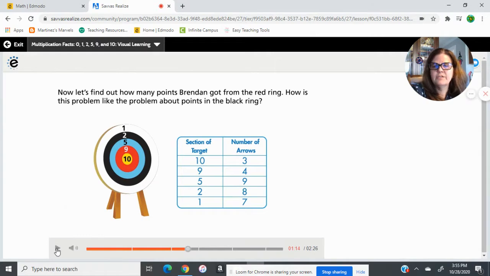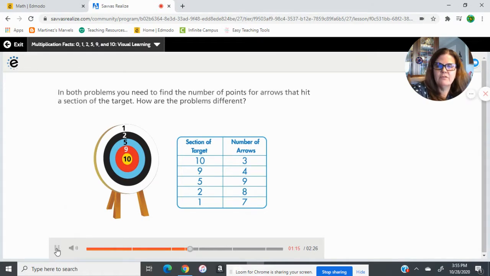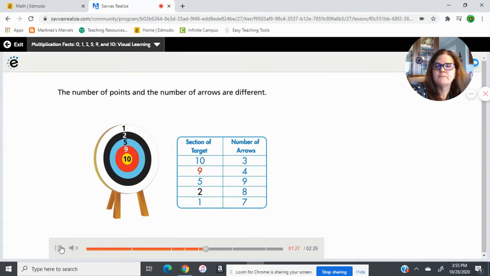So the numbers are different, but we can still count the arrows. In both problems, you need to find the number of points for arrows that hit a section of the target. How are the problems different? The number of points and the number of arrows are different.